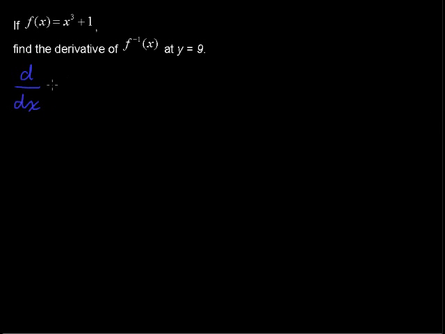So d dx of f inverse of x evaluated at x equals c. This is the way a lot of books write this, x equals c.